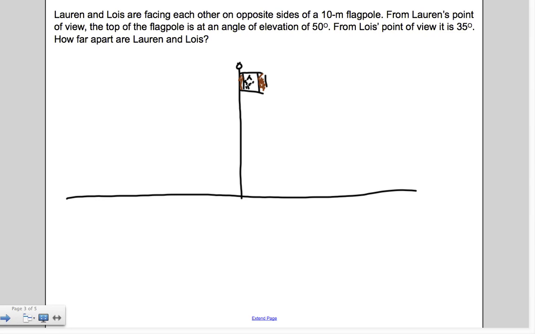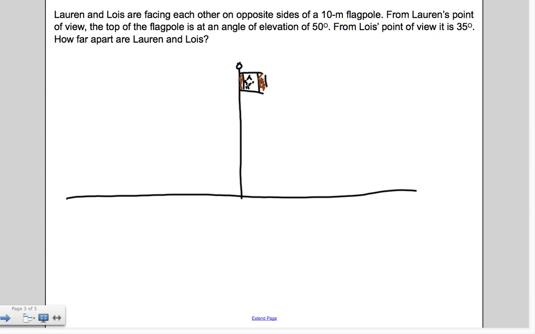So what else is part of this picture? Lauren and Lois. Well, let's draw the people. Where are they relative to one another?